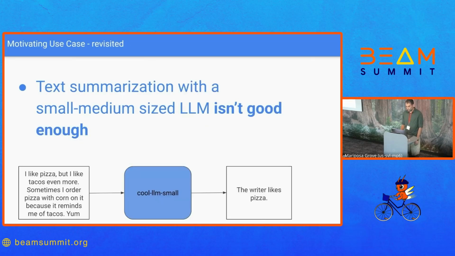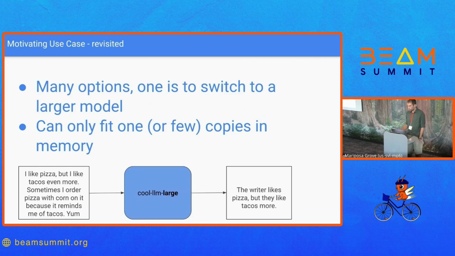All right, let's talk about a more interesting use case though. So let's say that your model is not performing well enough. So I changed the input here, and instead of just liking pizza, I'm liking tacos now too, and it just doesn't get it. So I want a better LLM. You have a bunch of different options here. One, you can go back and retrain your model, or try to find a different model.